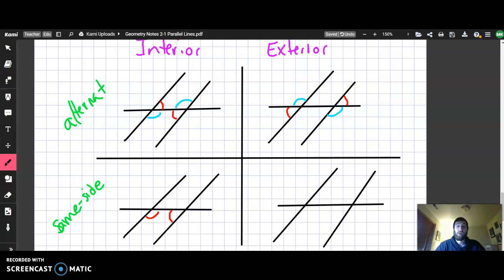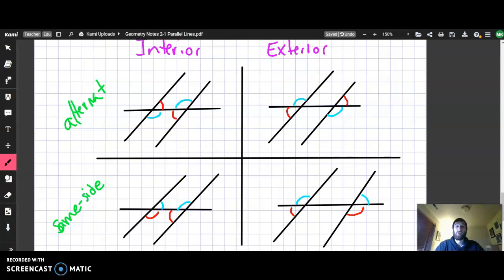Same side exterior just means that they are outside, but on the same side. As I said before, there's two different pairs to consider. So same side interior could also be on top, either inside for interior or outside for exterior.